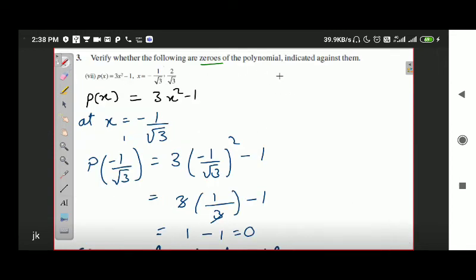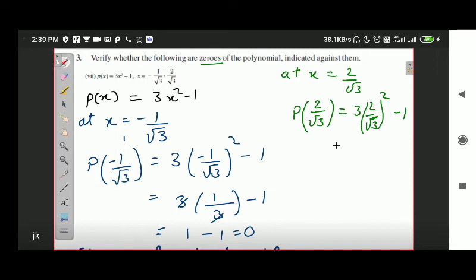Second part will be at x equals 2 upon root 3. Let us see what happens when the value of x is 2 upon root 3. In this case, we have to determine the value of p of 2 upon root 3. This will be equal to 3 into 2 upon root 3 whole square minus 1. So this will be 3 into 4 upon 3 minus 1. This will be 4 minus 1, that is 3.